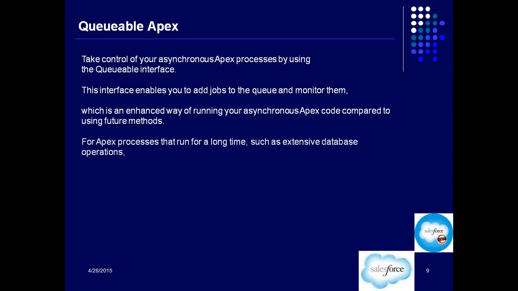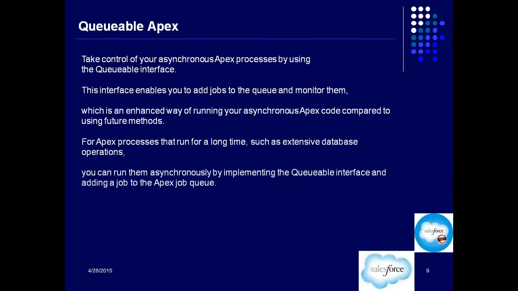For Apex processes that run for a long time, such as extensive database operations, you can run them asynchronously by implementing the Queueable interface and adding a job to the Apex job queue.